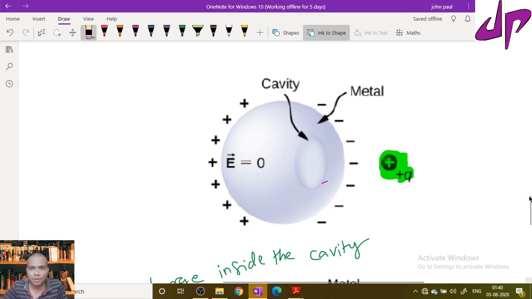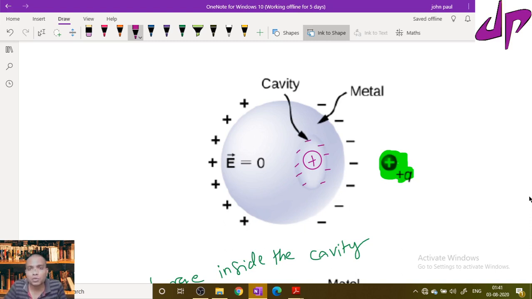When we keep a charge inside the cavity, the nearby electrons, because only negative charge moves within conductors and positive charge cannot move, will be accumulated on the inside surface of the cavity.